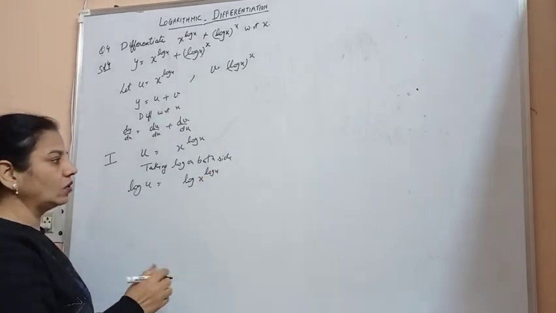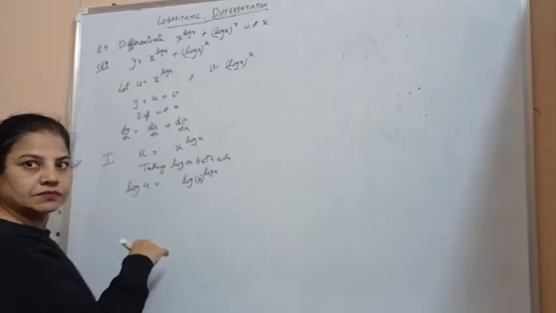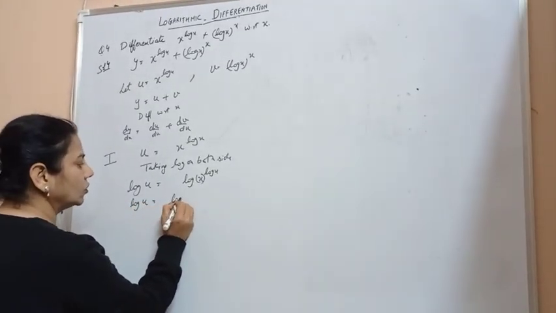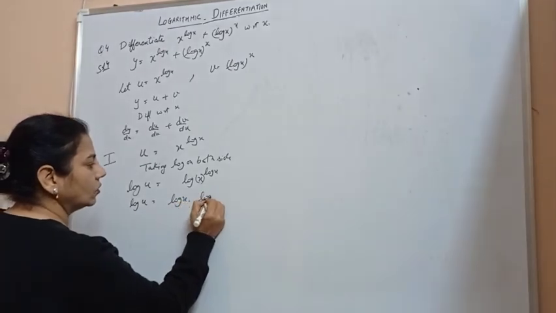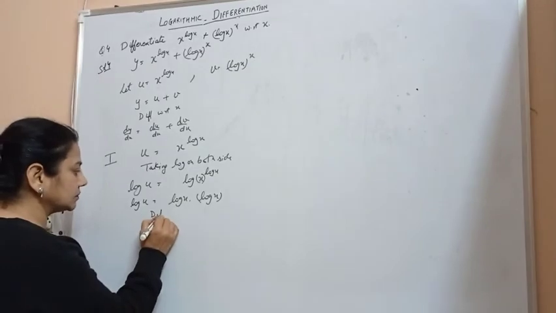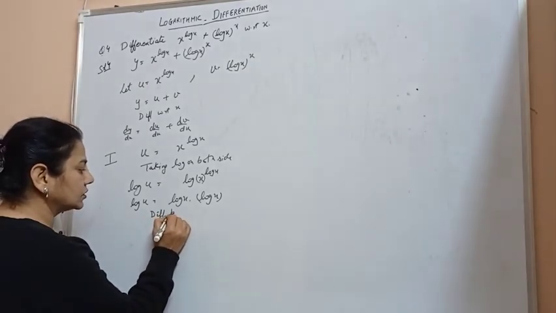As we know that when log comes, power comes forward. So I get log u is equal to log x into log x. Differentiate both sides with respect to x.